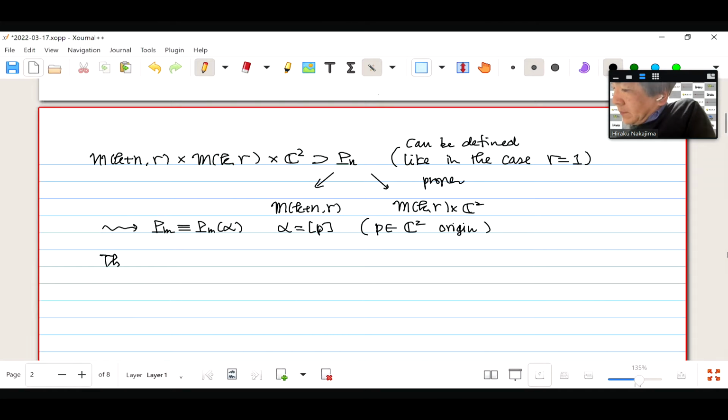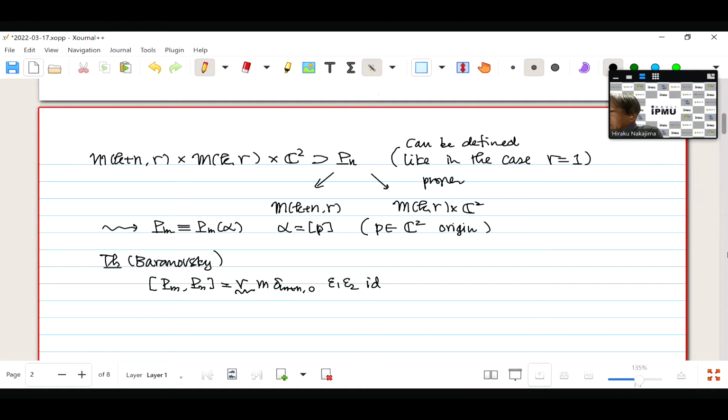Then Baranovsky proved the following. These satisfy the Heisenberg relation, but the level is different: it is R times m times delta_{m+n}.